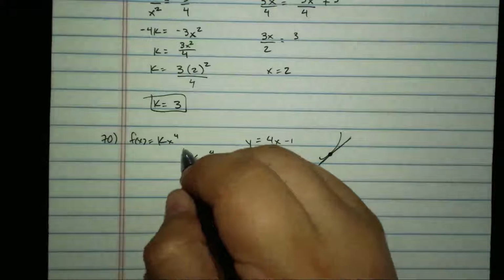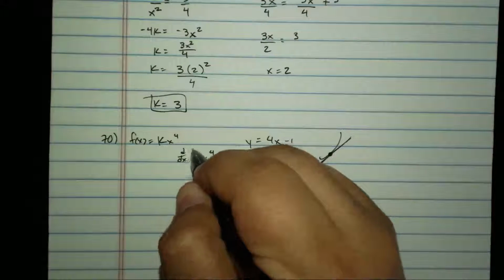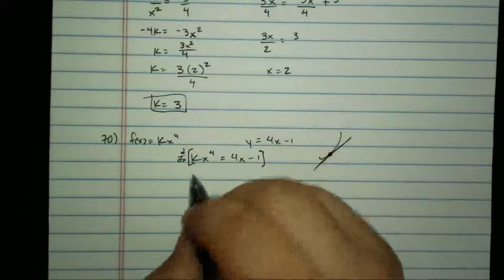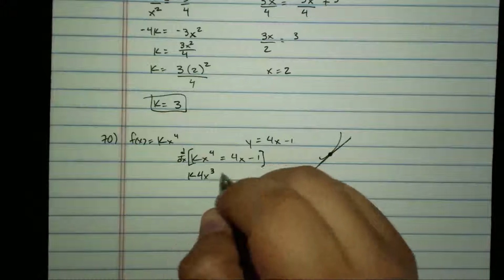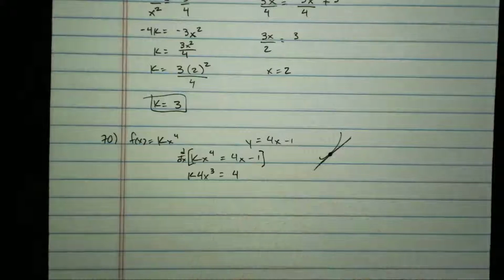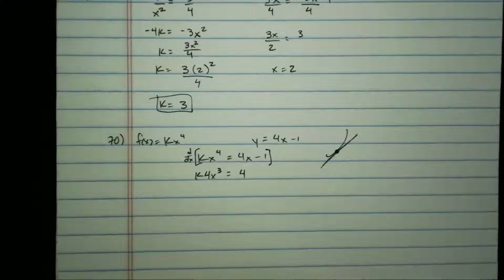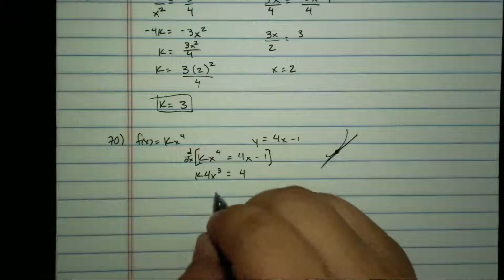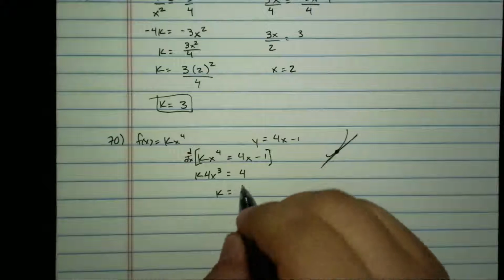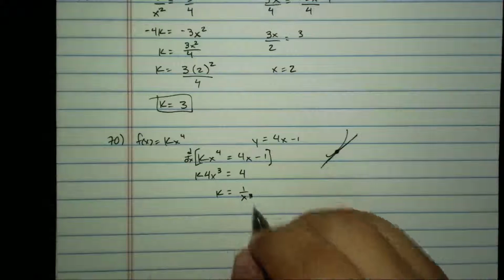Okay, so you say these are equal, take the derivative with respect to x. And so you get k times 4x cubed is equal to 4. Okay, divide both sides by 4x cubed, you get k equals 1 over x cubed.